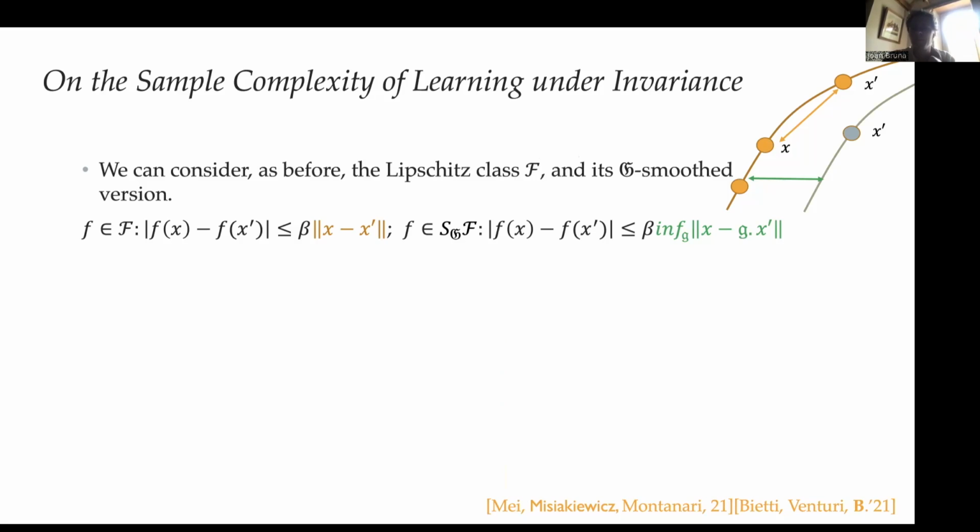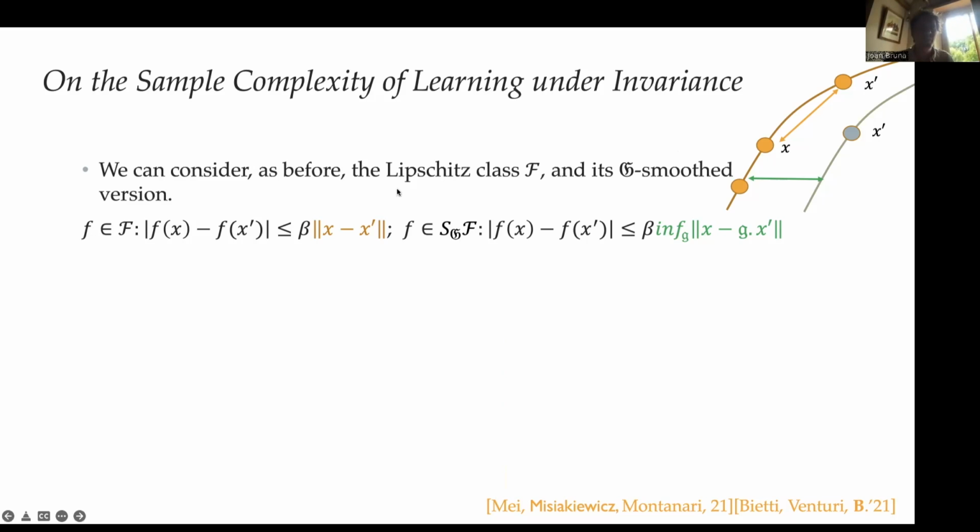So now let's try to make it smaller. Let's add this hypothesis of invariance and see if we can learn with smaller sample complexity if we add invariance into this Lipschitz hypothesis.